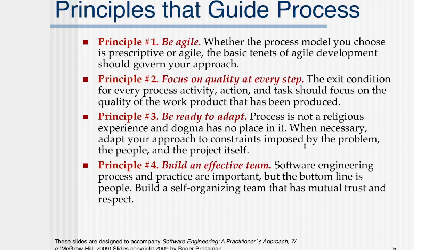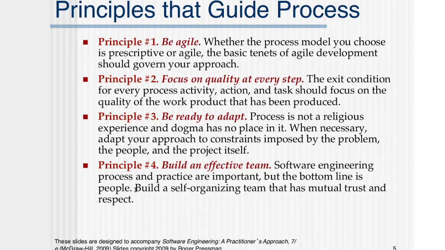Build an effective team. Here we are thinking about the process and practices that we follow. The process and practices that we follow are important, but the bottom line is people.